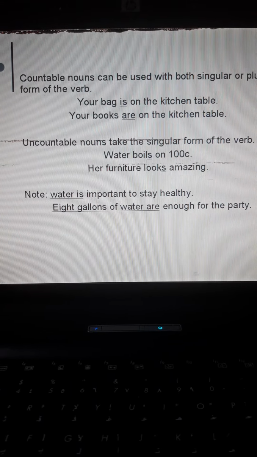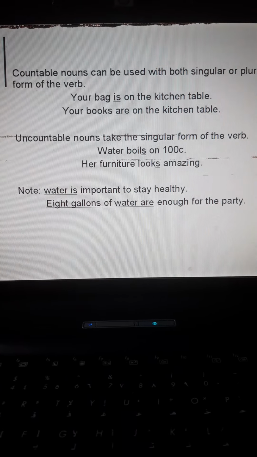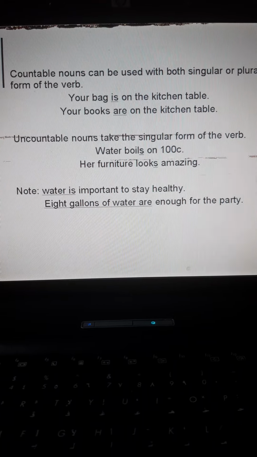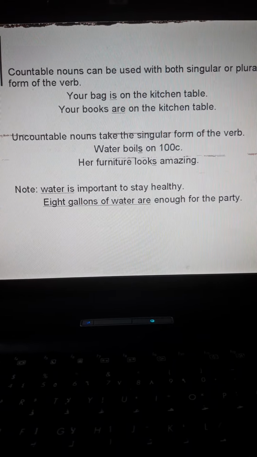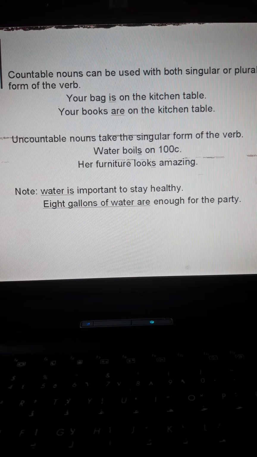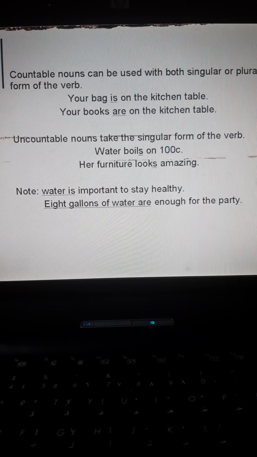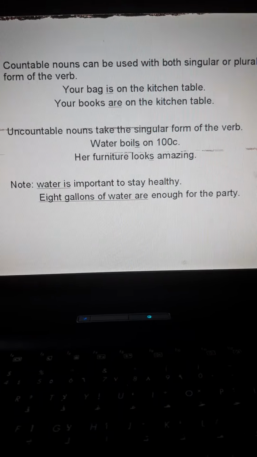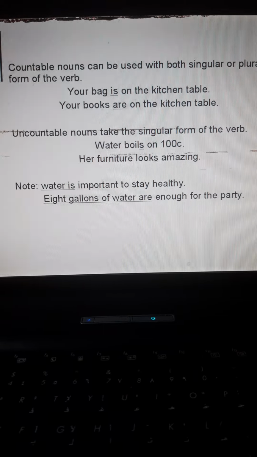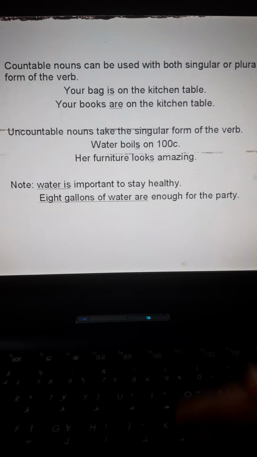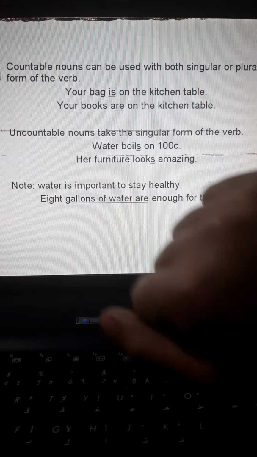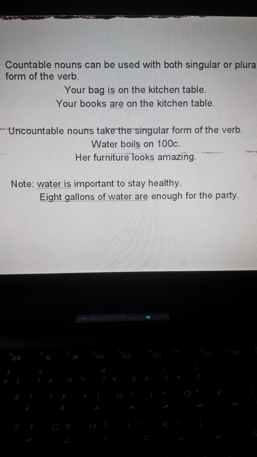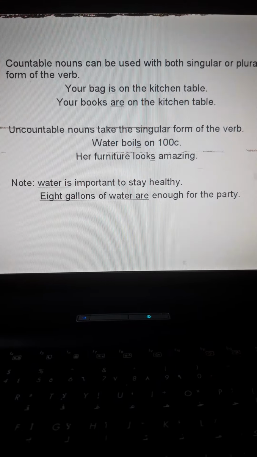especially in the present simple and present perfect. Now, your bag is on the kitchen table. Notice that bag is a singular, countable, okay, noun. That's why we used is. Your bag is on the kitchen table. Your books are on the kitchen table.